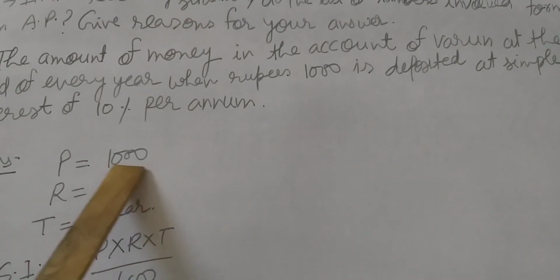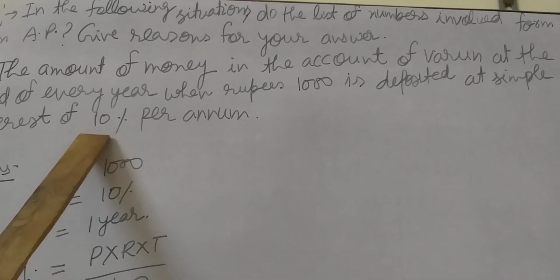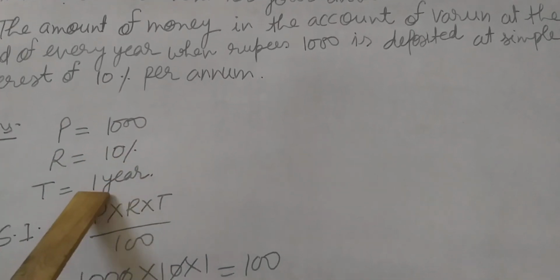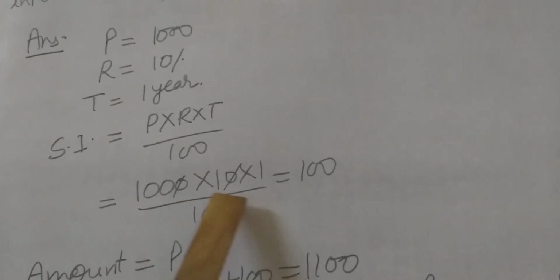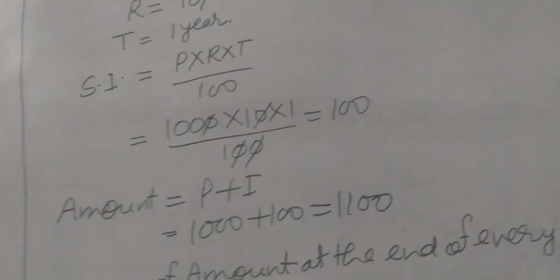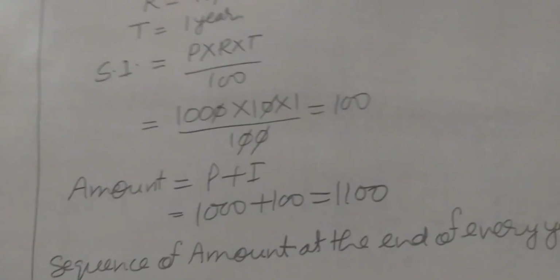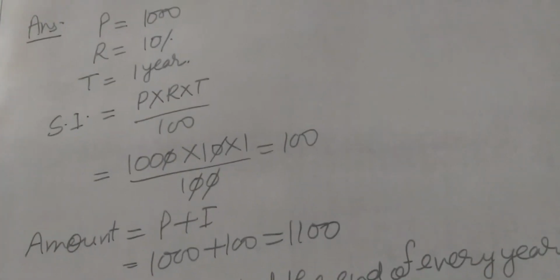Principal is given 1,000, rate is given to us 10%, time we have taken 1 year. So interest equals 1,000 into 10 into 1 upon 100. So 2 zeros will be cancelled. Answer is 100. So simple interest is ₹100 for 1 year.